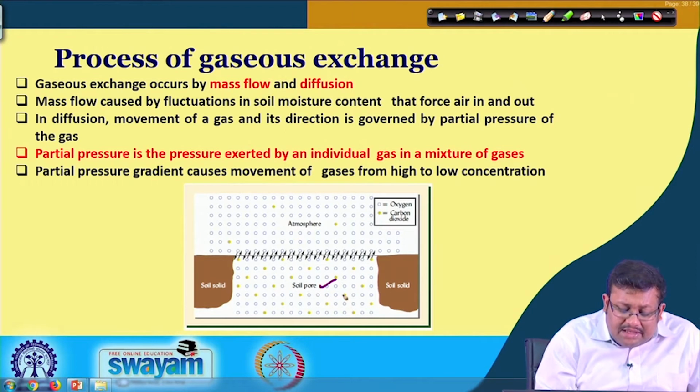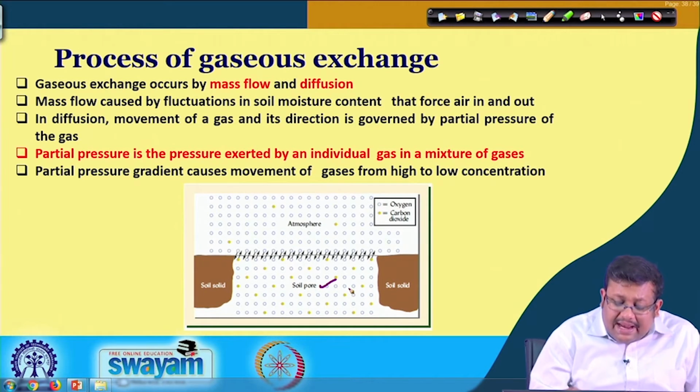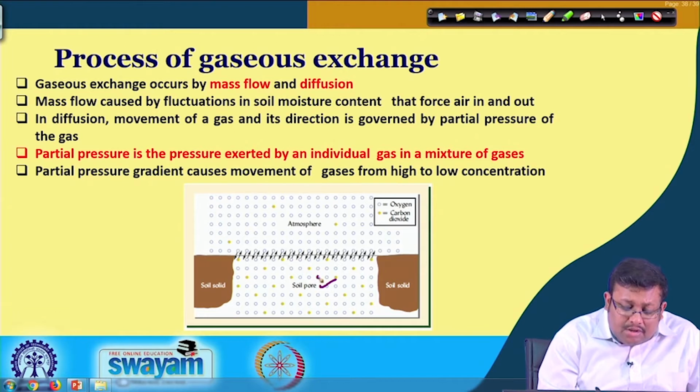The millions of microorganisms undergo respiration, and as a result of respiration they consume oxygen molecules and produce carbon dioxide molecules. As a result, the partial pressure, or I would say the proportion, of carbon dioxide is quite higher in the soil air as compared to atmospheric air.